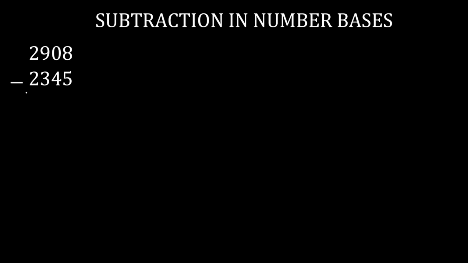So let us look at this one. The question said subtract this value from this. Subtract 2345 from 2908. That is how it is read, because you can see the subtract sign qualifies this, so subtract 2345 from 2908.